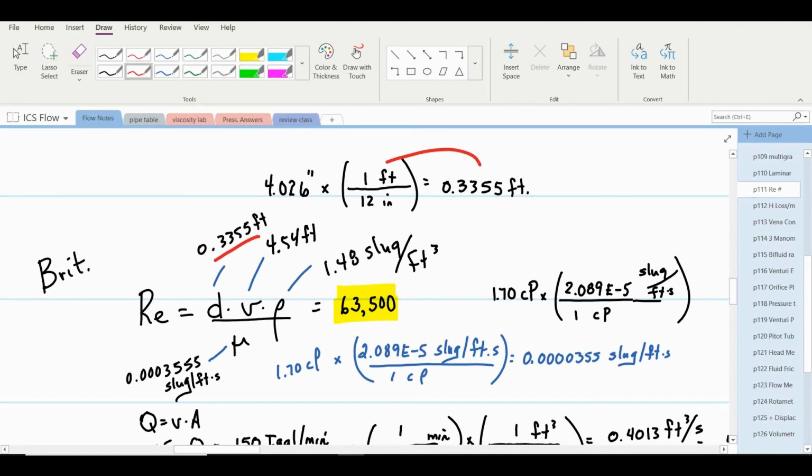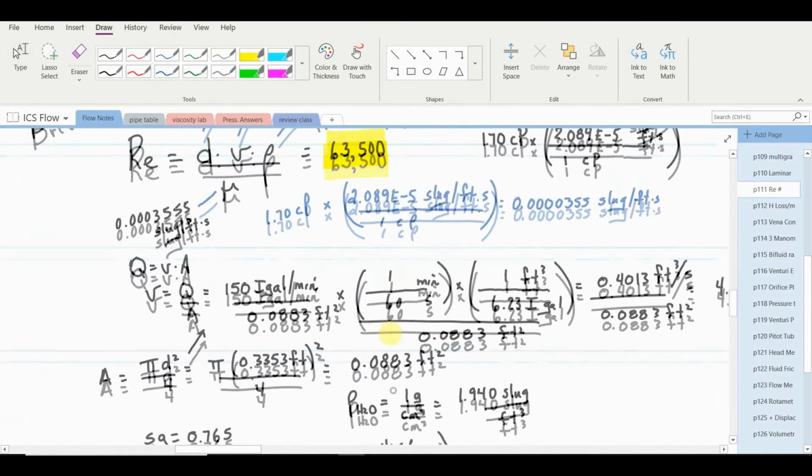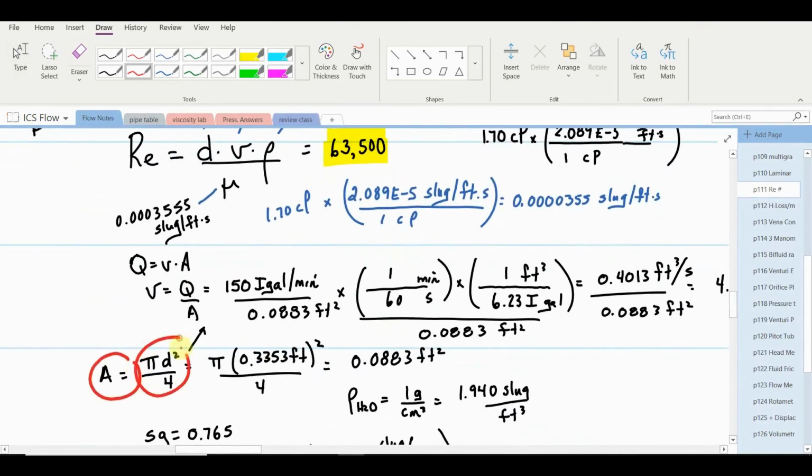We'll need the velocity. We could just convert it from the metric units, but let's go back to the basics here. Again, V is Q over A. The area is pi d squared over 4. So it's pi over 4 times diameter squared, and that's 0.0883 square feet.